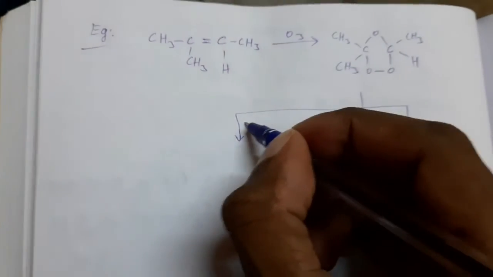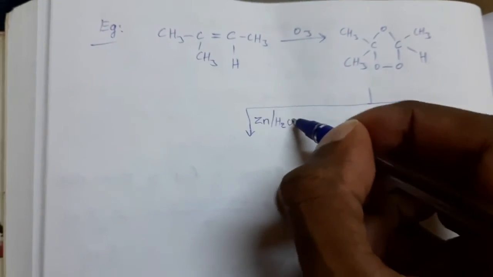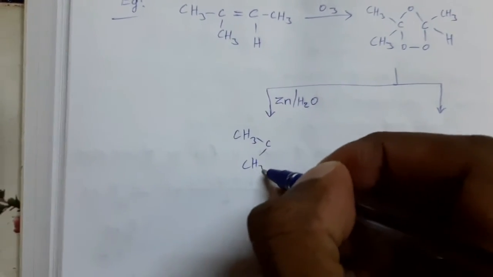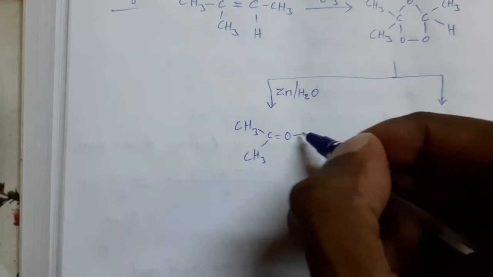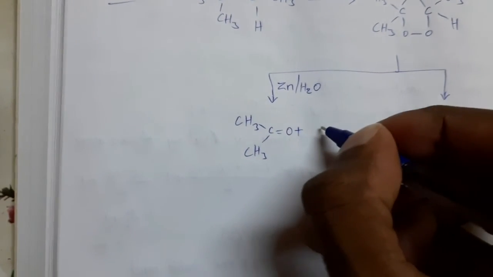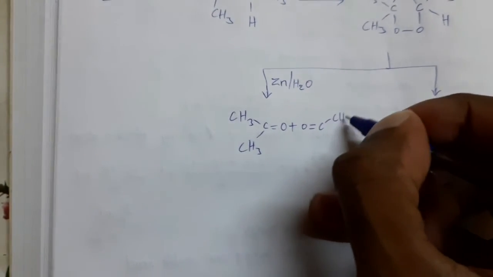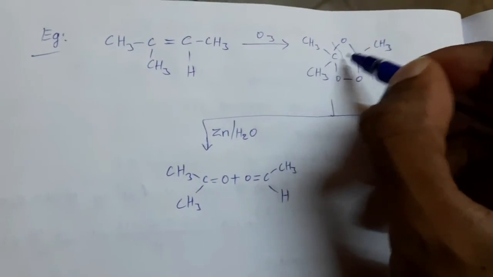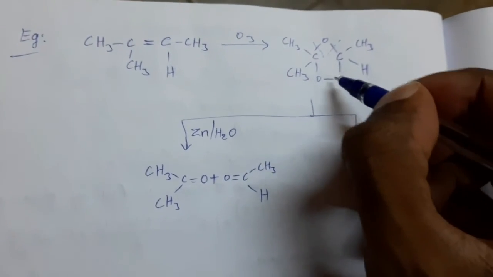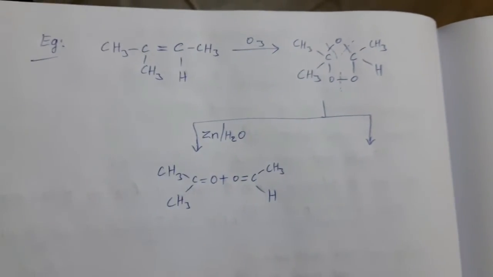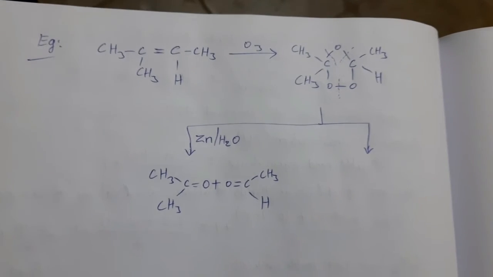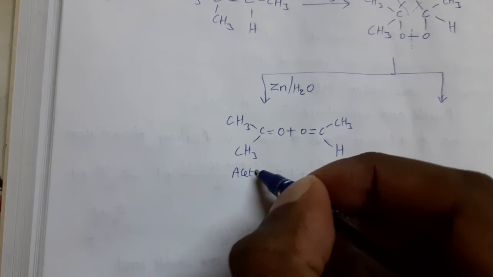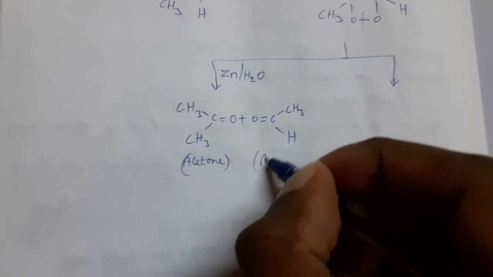See here, reductive ozonolysis, zinc and H2O. Then we can get CH3, C double bond O plus CH3 CHO. So bond breaking takes place. Here also the bond is broken. Bond cleavage takes place. Then we can get ketone and aldehyde. This is acetone. This is acetaldehyde.